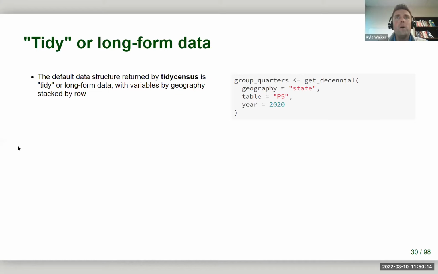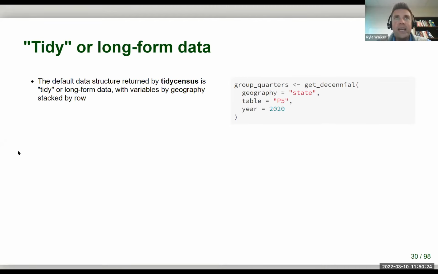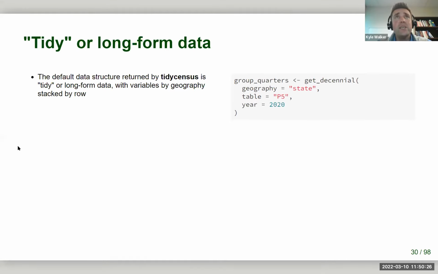So by default, part of the reason it's named Tidycensus is it's designed to return data in a format that works well with tidyverse tools. And the format that is typically used for tidyverse analyses, which you will be working on in hours 2 and 3 of this workshop, is long form, where you basically have data in which census variables form geographic unit variable combinations that are represented in each row.